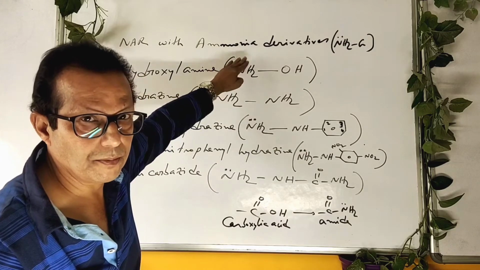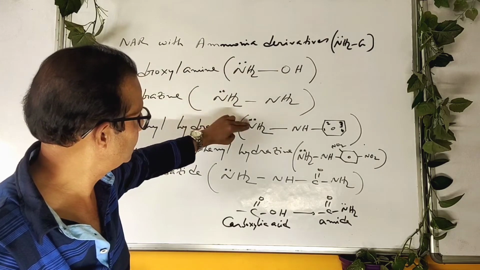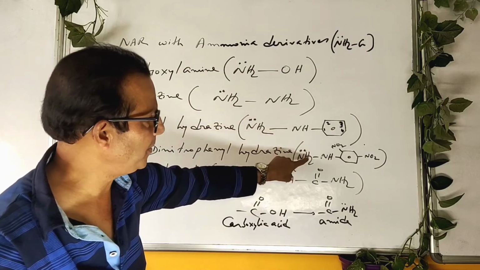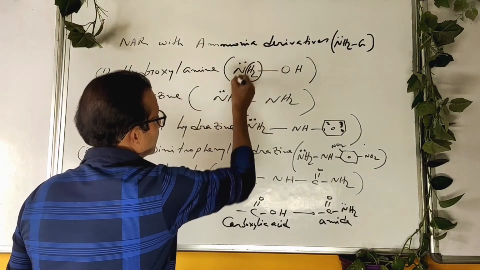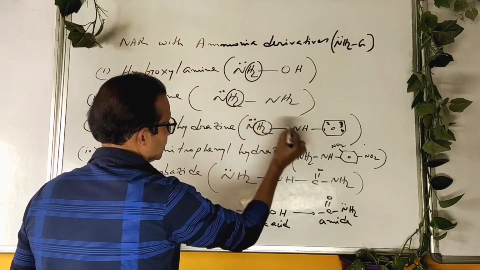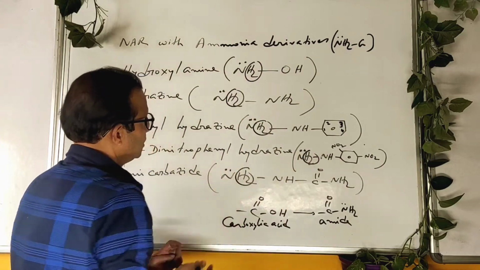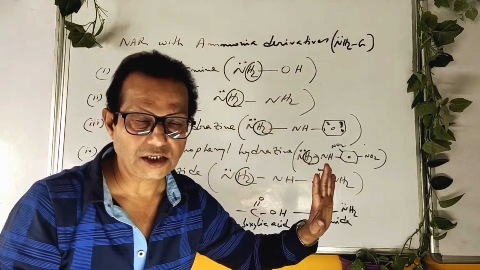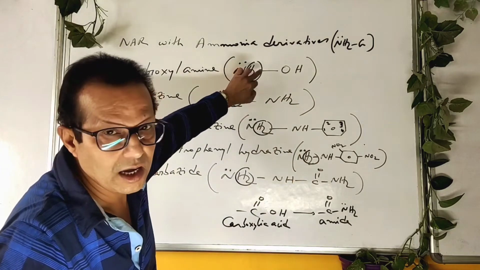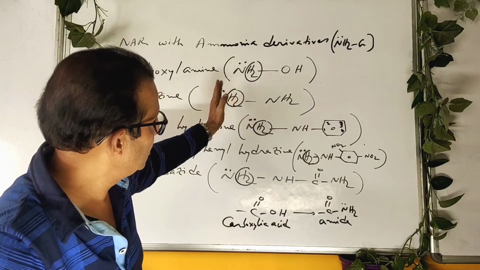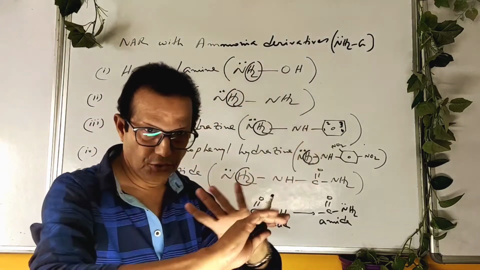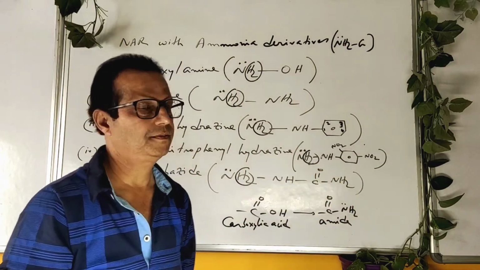Just shift before. Others remain as it is. This is the technique. Whenever you want to write the 10 reactions, just shift the hydrogen in front of nitrogen. The rest don't touch, write as it is.